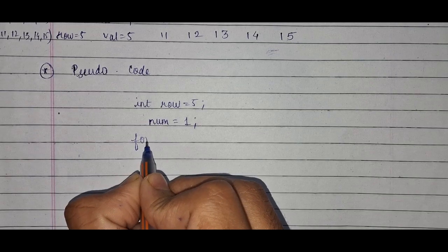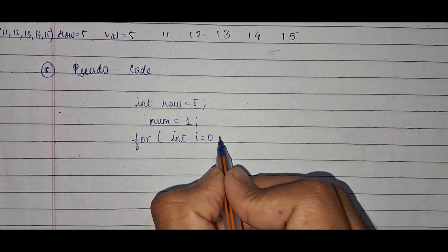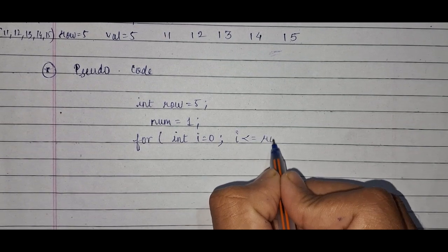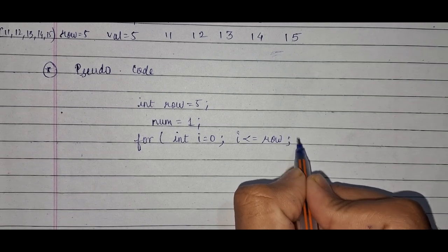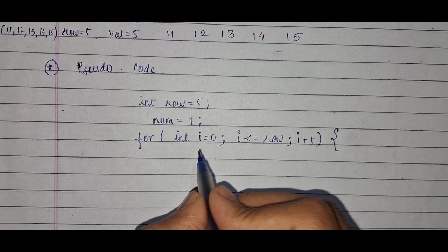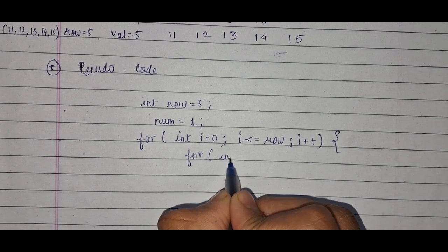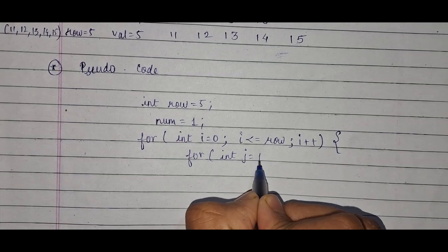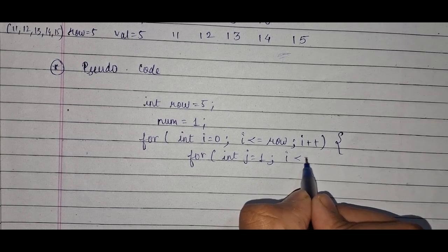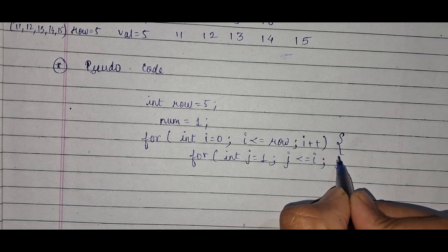Basically for int i is equal to 0, i should be less than or equal to row, and i will be updated. Okay, now in the inner for loop, int j is equal to 1, and j should be less than or equal to i, and j will be updated.